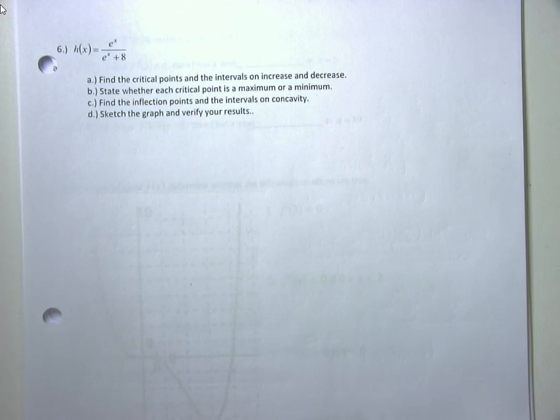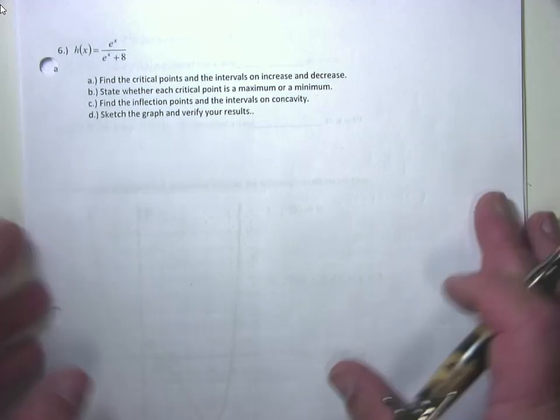But you'll notice in section 4.3 here that the directions are the same. Find the critical points, intervals of increase and decrease. State whether the critical points are maximums or minimums. Find inflection points, intervals of concavity, and then sketching. This one, you've got to be very particular about because you're beginning to see what they're going to do in section 4.4. So here we go.